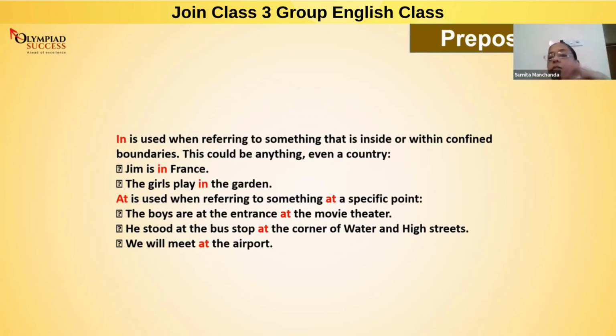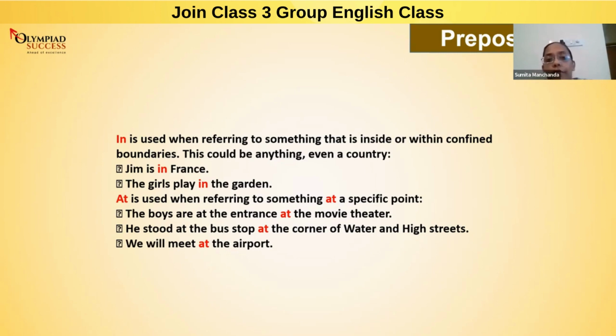The girls play in the garden. The garden is a place where they are supposed to be. If they are out, we may say outside the garden. We may say inside or in; both can be used.